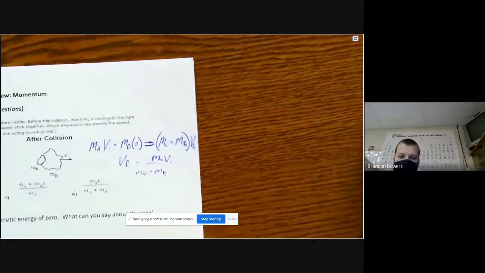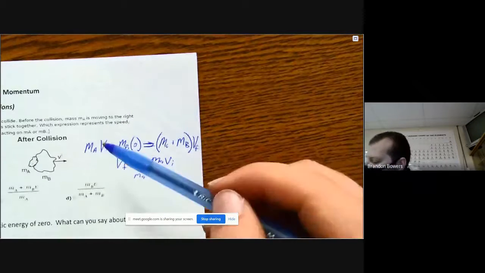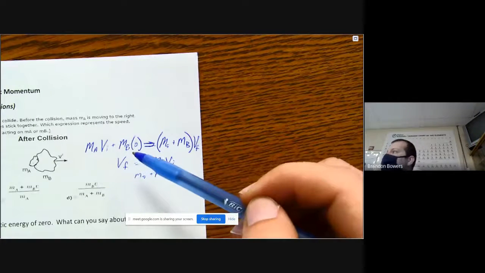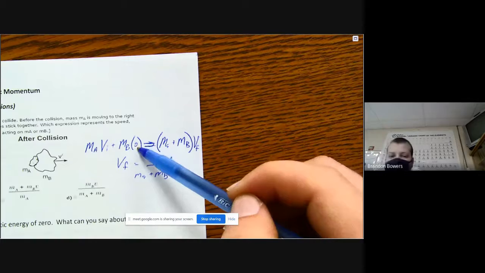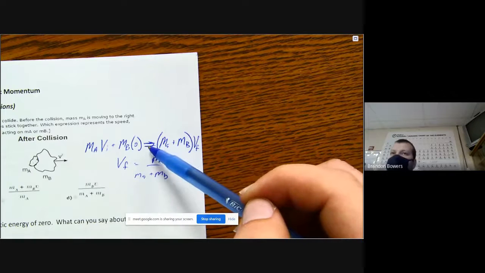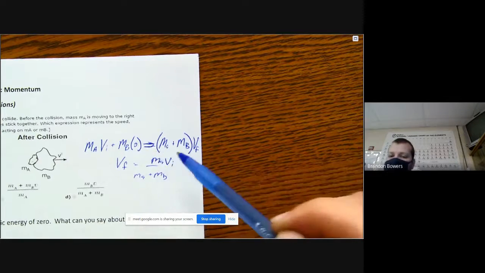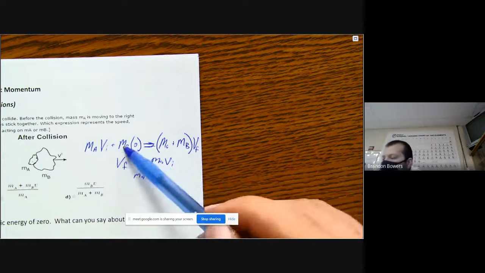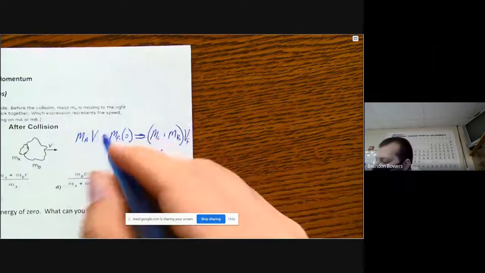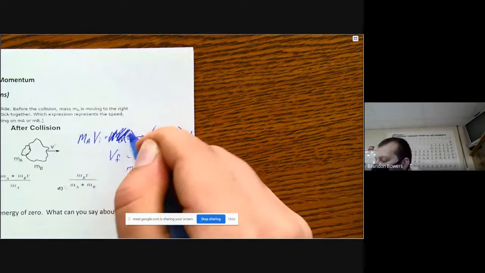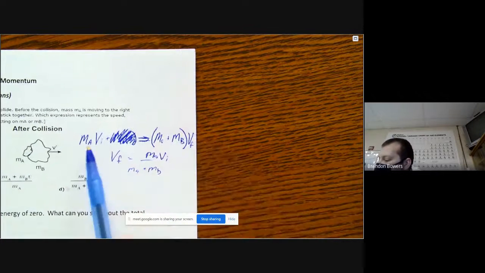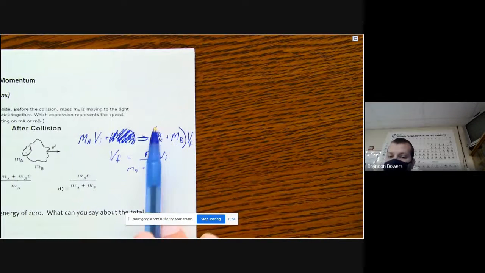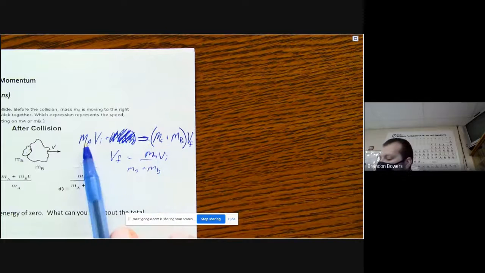Okay, so the mass of A times its initial velocity plus mass of object B, which its initial velocity was 0. That has to equal the two objects stuck together times velocity final. Well, since this had a velocity of 0, I'm gonna get rid of it. Since I'm solving for velocity final, you divide this over to the other side.